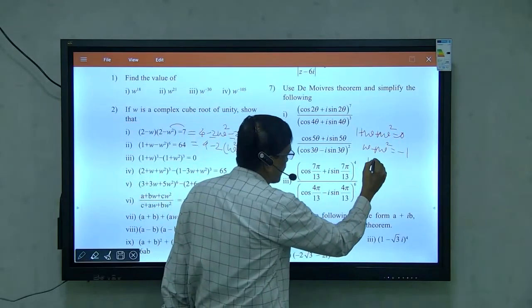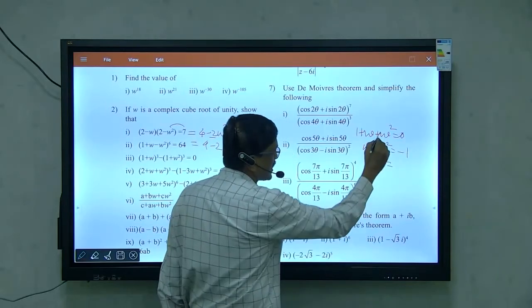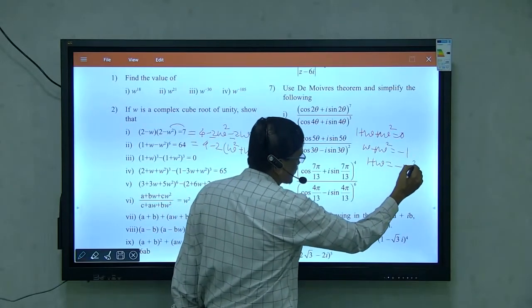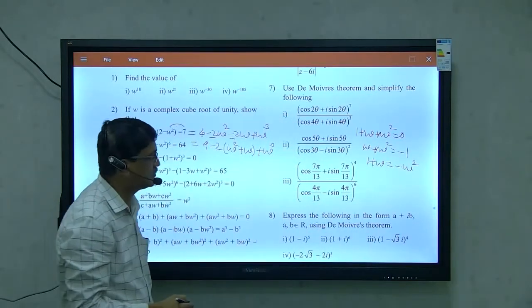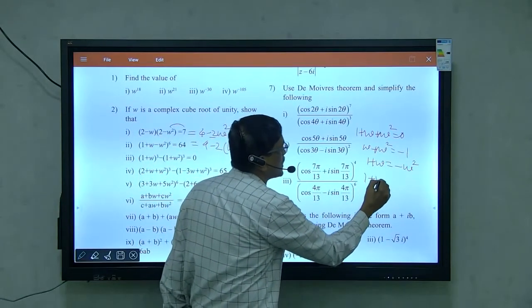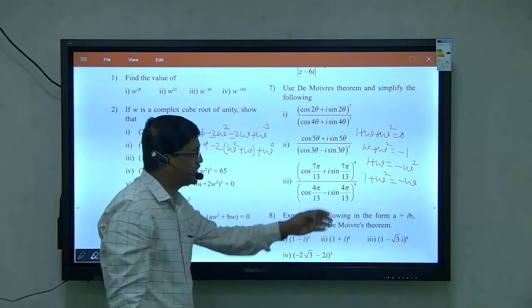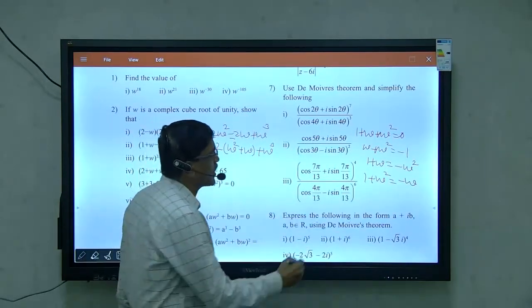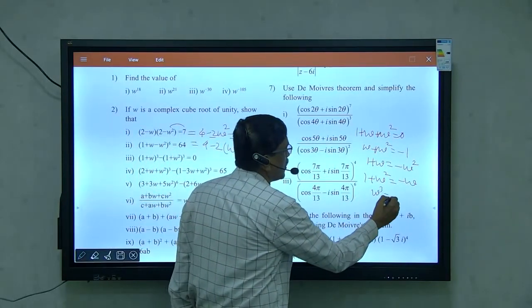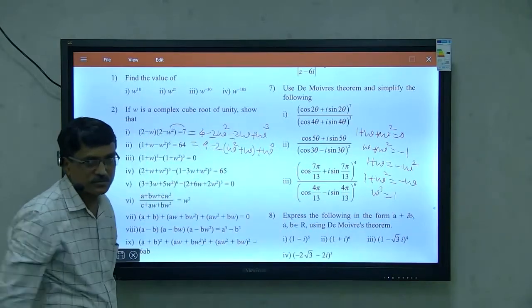Similarly, 1 plus omega is minus omega square. The last one, 1 plus omega square is equal to minus omega. Using these 4 properties and omega cube is equal to 1, let us solve these examples.